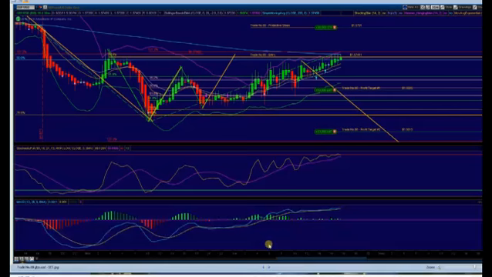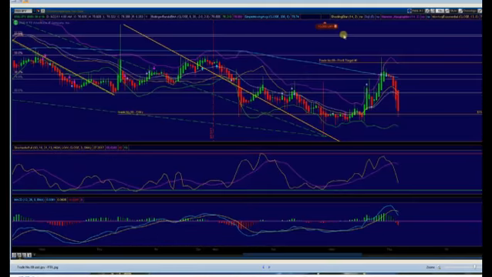That's 5605. Oh, 5685 was profit target number 1. Sorry, I couldn't read that. So yeah, profit target number 1 was achieved.